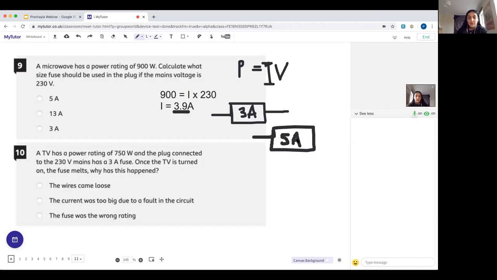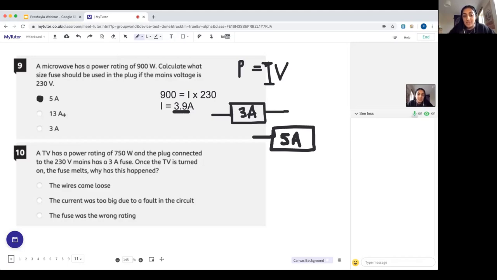And the reason that we want a fuse of 5 amps is because it's big enough to allow our normal current to go through, but it will melt if our current gets bigger than 5. And that's going to be dangerous. We don't want a current that is bigger than 5. So we want the fuse to melt if the current is bigger than 5. Okay, so that's why we would need a 5 amp fuse for this.